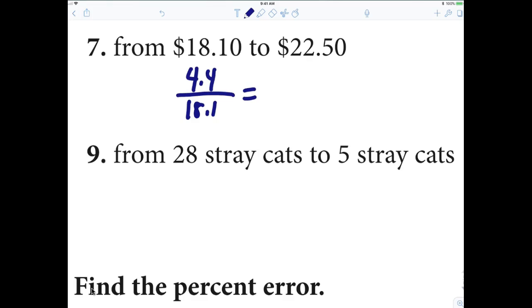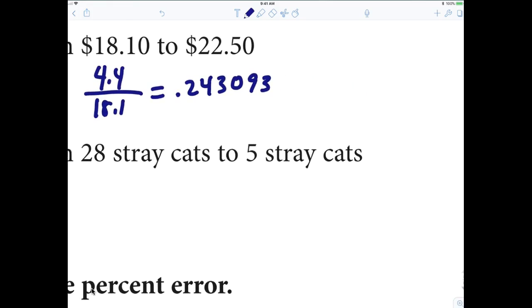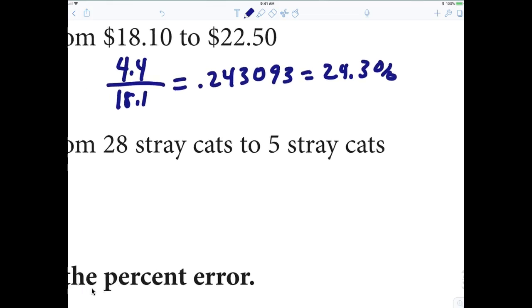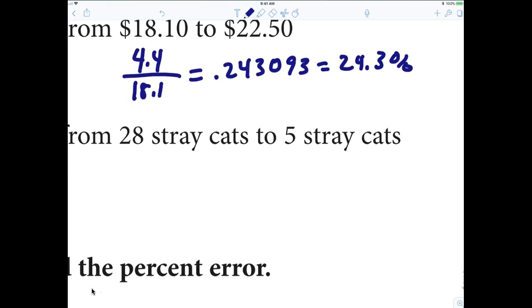Now you're talking. 0.243. Okay, that's good enough. So that equals what? 24.3%. Now, we can disagree. I'm totally glad with you on that. All right, did you get 4.4?